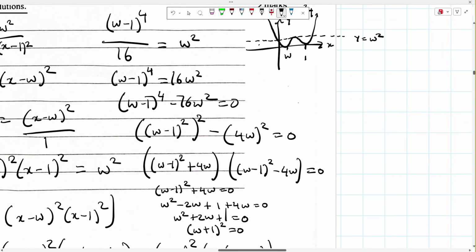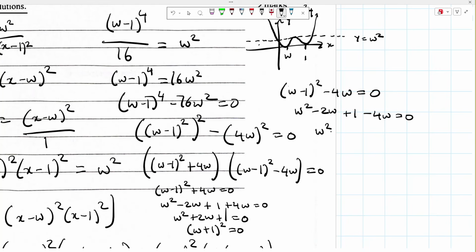So let's see. We get w minus 1 squared minus 4w is equal to 0. w minus 1 squared is w squared minus 2w plus 1, and then we have minus 4w is equal to 0. w squared minus 6w plus 1 is equal to 0. Let's try to use the quadratic formula again.